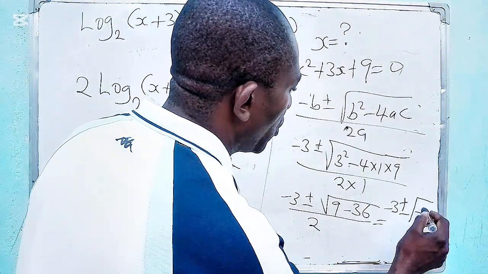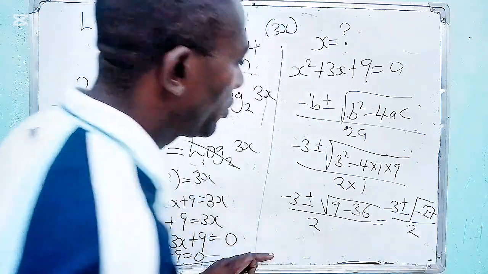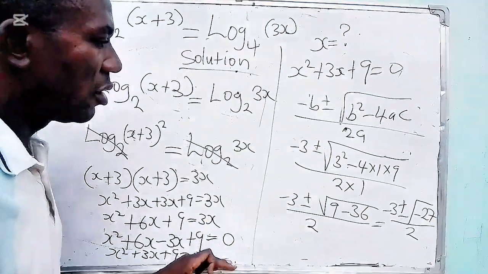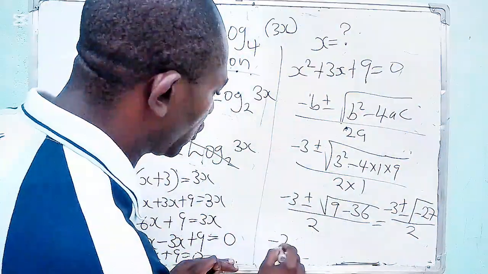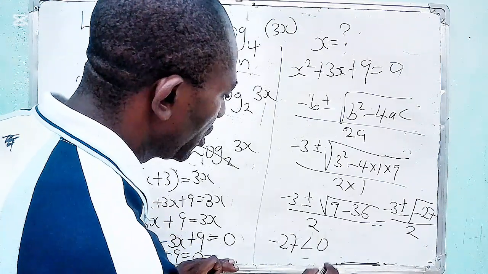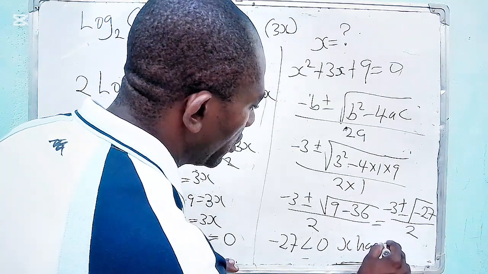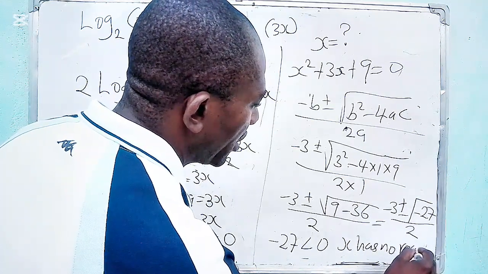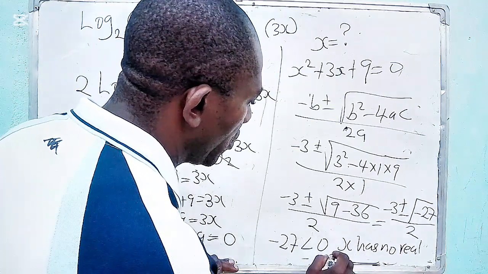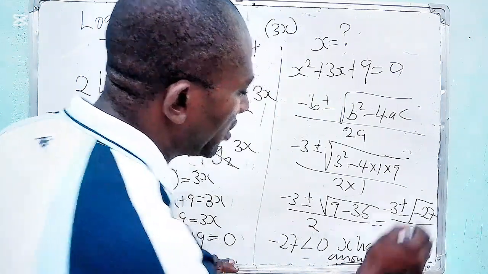We are going to have minus 27 all over 2. Now, since minus 27 is less than 0, x has no real answer.